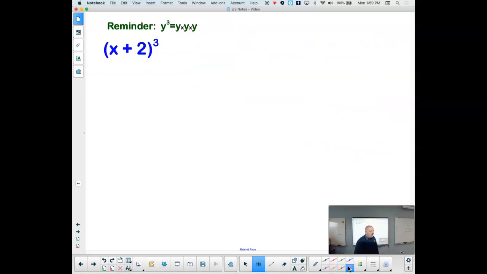The other reminder that I have for you is that when we are cubing something or squaring something, we're taking that base times itself that many times. So x plus 2, quantity cubed, is not x cubed plus 8. You don't just distribute this 3 into the exponents there and there.